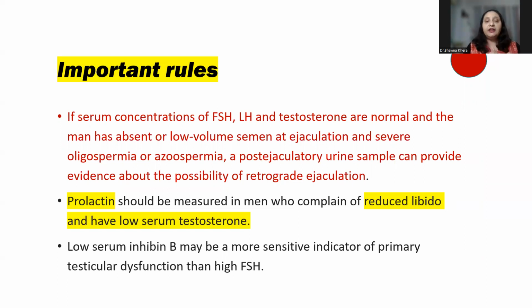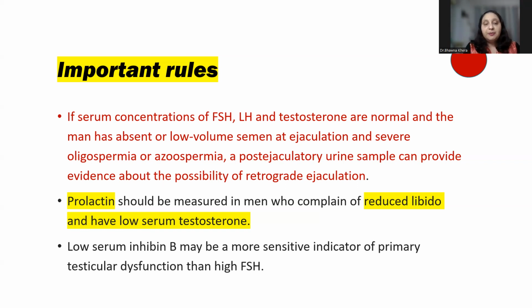So you take a post-ejaculatory urine sample. What is happening in retrograde ejaculation? Instead of being expelled, the semen is going back into the urine and mixing in the urine. So you take a post-ejaculation urine sample, and you will find sperms in it. So in these cases, it is good to look for this.